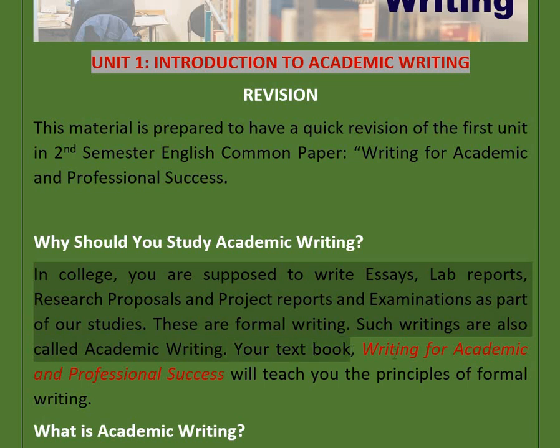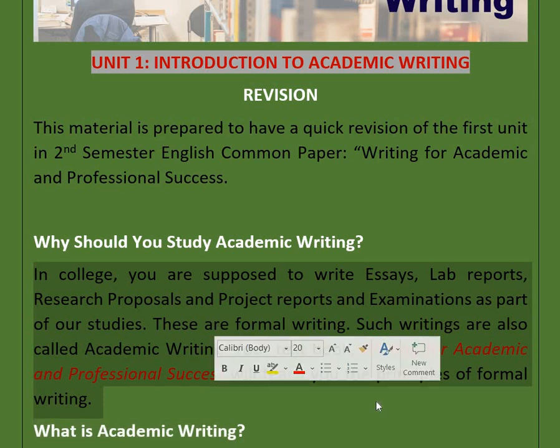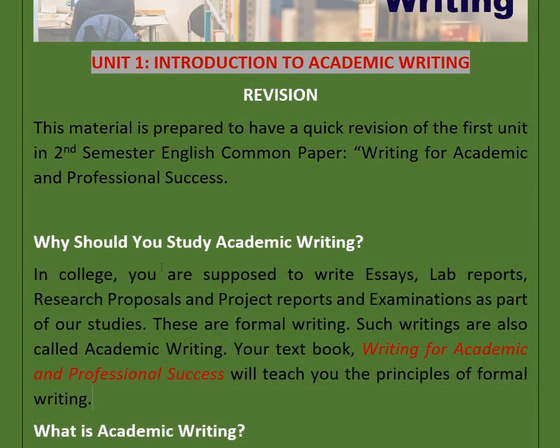Your textbook, Writing for Academic and Professional Success, will teach you the principles of formal writing, or principles of academic writing. So hope you understood why you should study academic writing.